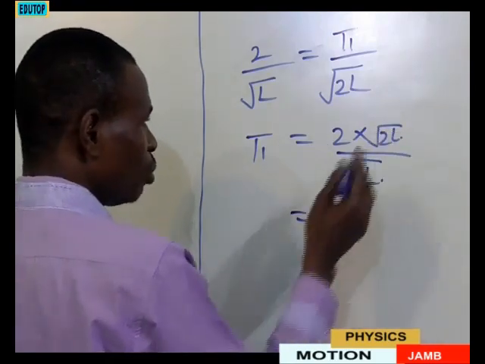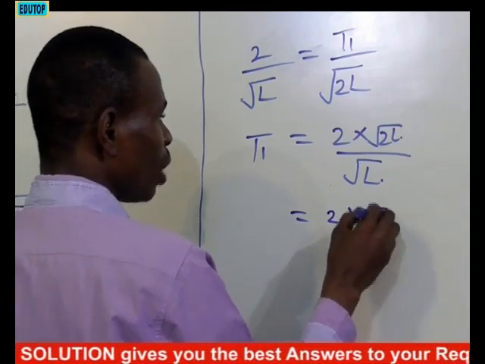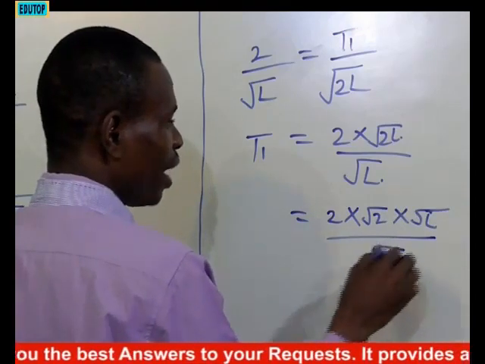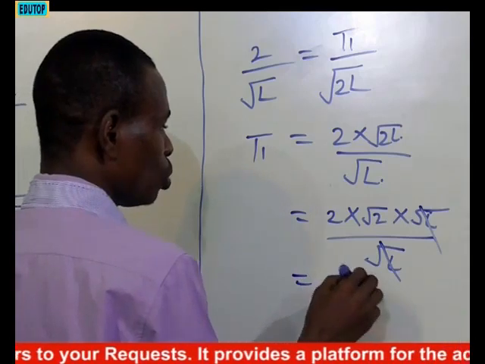This can be written as 2 times the square root of 2 times the square root of L, divided by the square root of L. This cancels this. What we are having is 2 root 2.